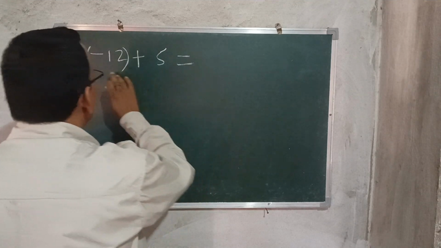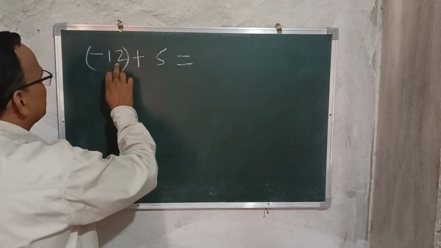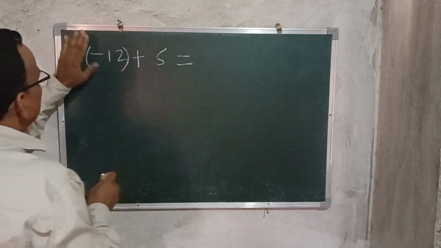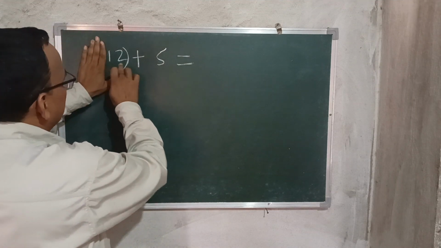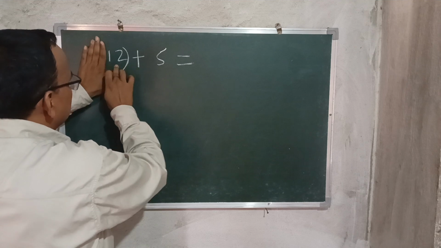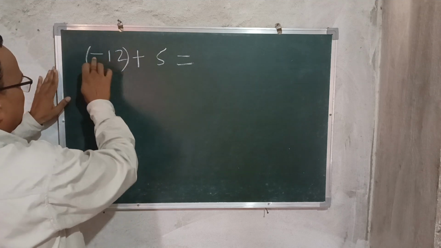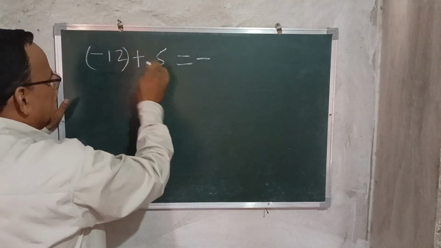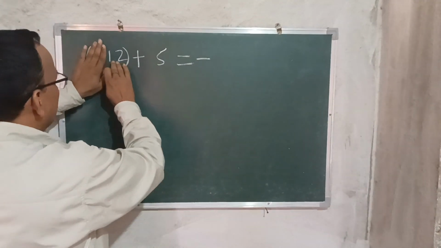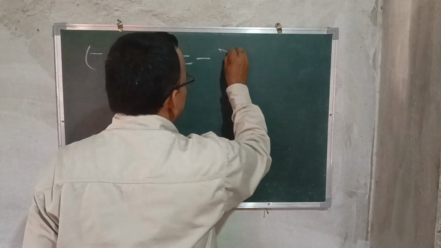Leave the minus sign. Now this is 12 and 5. Which is larger? 12 is larger. Put the sign of 12, and that is the minus sign. And they are subtracted: 12 minus 5 is 7.